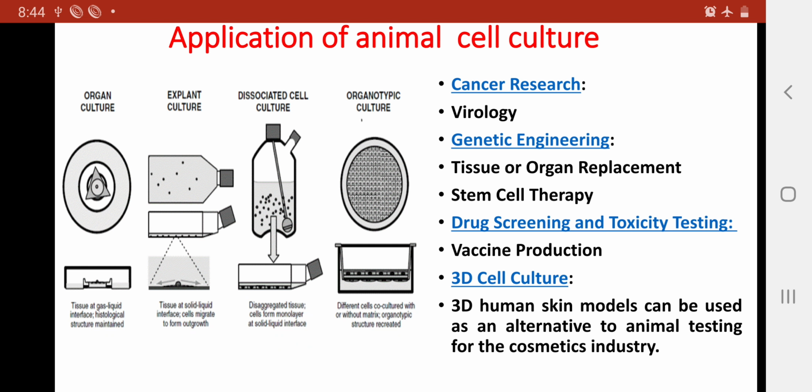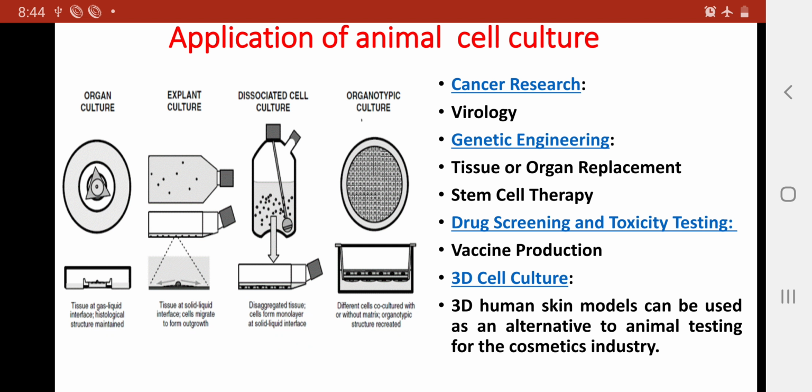Then lastly, we discuss our cell culture applications. We overview this. Animal cell culture is also used in cancer research, virology, genetic engineering, tissue or organ replacement, stem cell therapy, drug screening and toxicity testing.